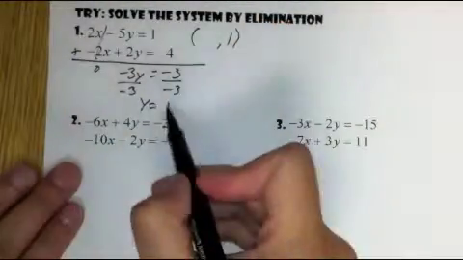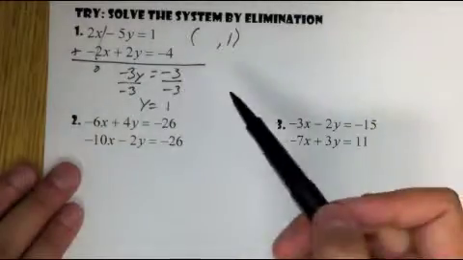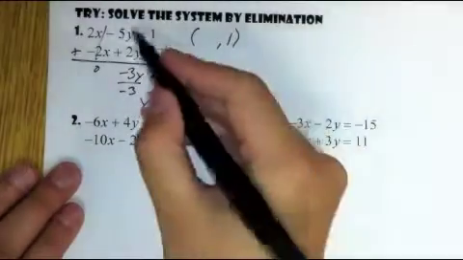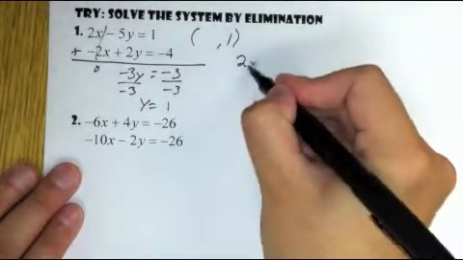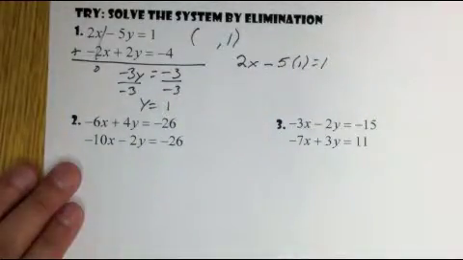Okay. Plug 1 into an original problem now to get your x value. I am going to choose, it really doesn't matter on this one. How about the top one? Okay, so let's do 2x minus 5 times 1 equals 1. Substitute your number in there.